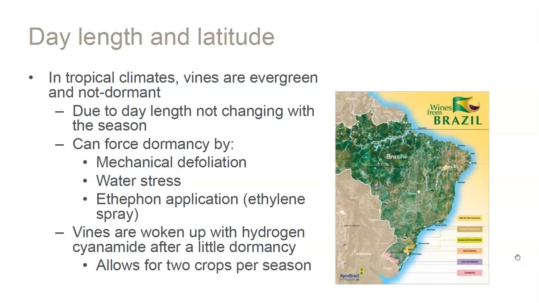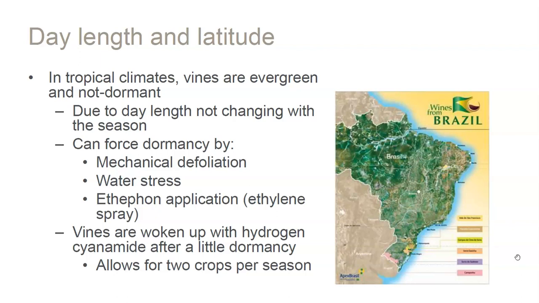So like in Brazil, where there is a wine industry, actually Moet Chandon, the famous champagne house, has a sparkling wine winery there. In Brazil, there are high elevation areas that do go into short dormancies naturally, but in some areas they do have to force dormancy, and you do things like spraying PGRs, plant growth regulators, like ethylene, putting the vine into a water stress if you can, and mechanically defoliating it with de-leafers.